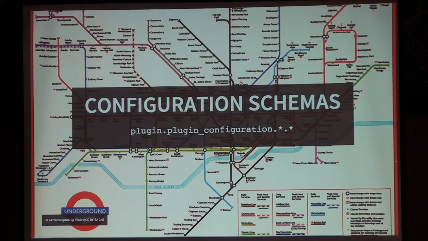So what the plugin module does is it provides a fixed format for your configuration schemas. It's plugin.plugin_configuration.the plugin type ID.the plugin ID. Because plugin IDs are unique within a particular type. You can have plugins with the same ID, but as long as they're for different types, they never clash. So we need both of them in this naming convention. But there's a fallback.